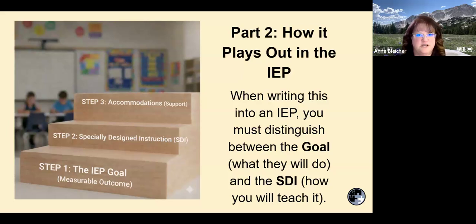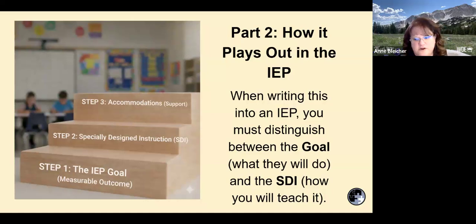So instead of just a goal that says they're going to learn the spelling rules for TH, CH, and outlier words, you're layering in that additional cognitive deficit and really addressing both things at the same time. And then that helps you determine what kind of accommodations and supports may need to be put in place as well.